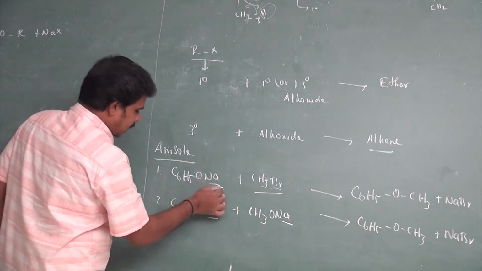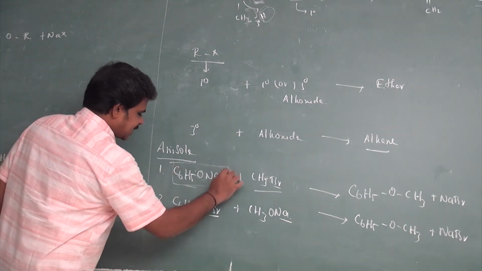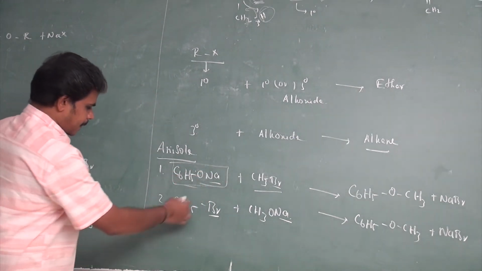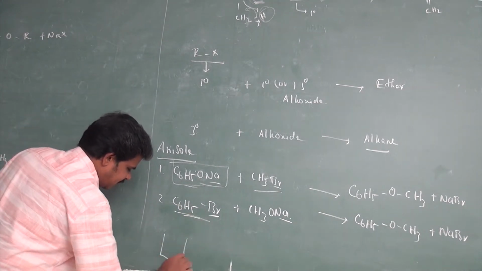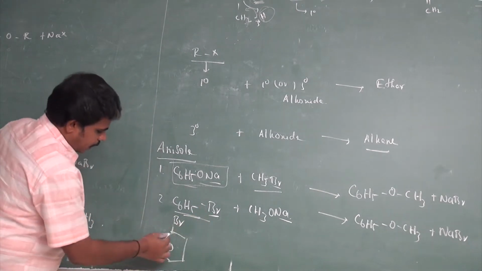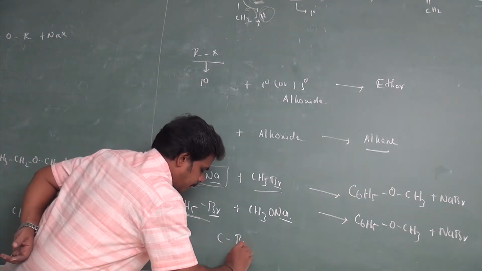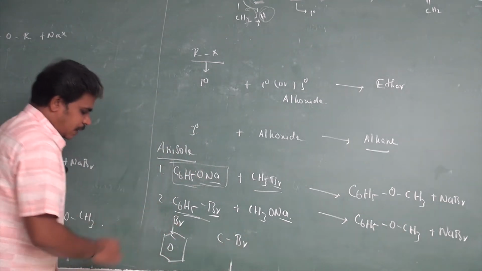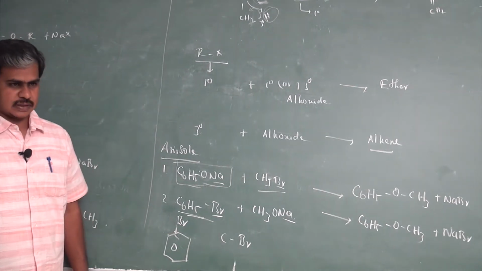Okay. Now here one more concept, that is C6H5ONa and C6H5Br. In this case, this is a phenyl group, here Br, and the carbon and Br bond. So what will happen here? Br is directly attached to the benzene nucleus.